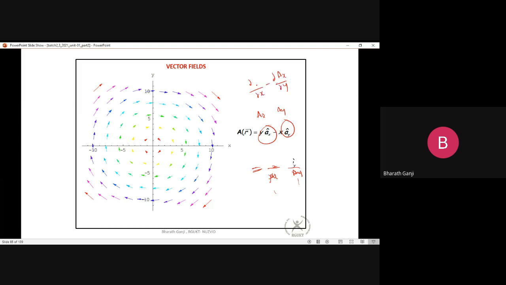So the y component enti ikkada, y component is minus x. Okay, and the x component is y, so you get an answer of -2.